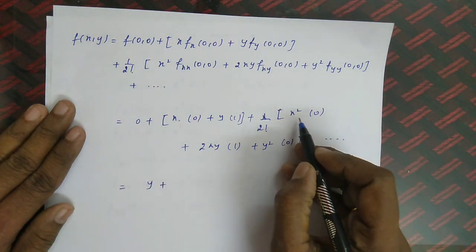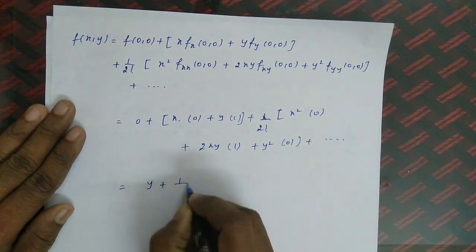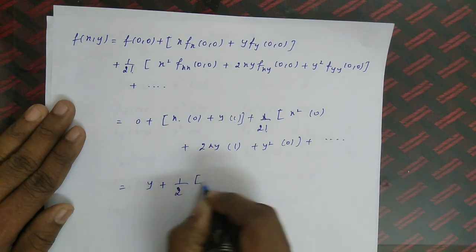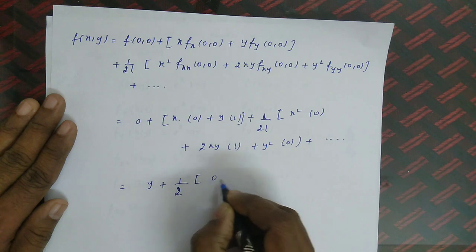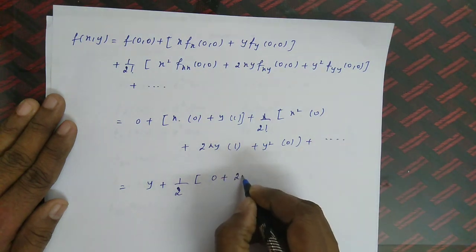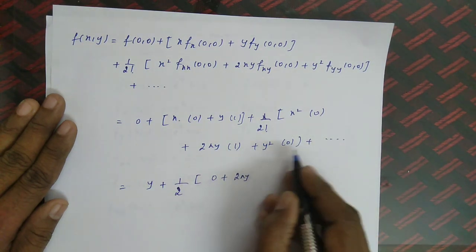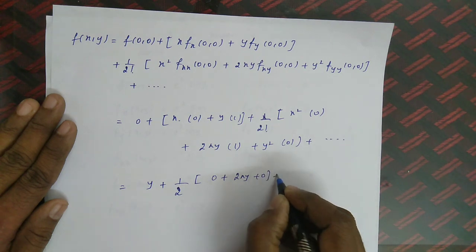So y plus x square into 0, 1 by 2 factorial is 1 by 2 into the first term x square into 0. So this will become 0 plus 2xy plus y square term is also 0 into anything 0 plus etc.